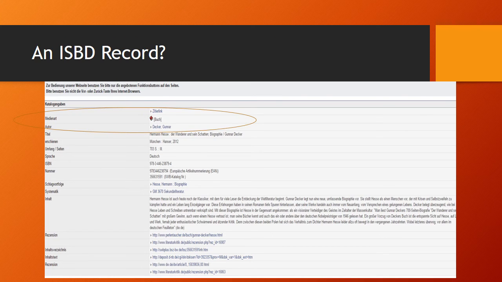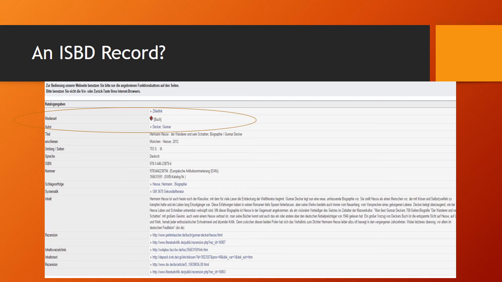I think this is an ISBD record. It's in German. Notice that you don't really have any difficulty figuring out what these things are, though. These field names are in German, but we know that Autor is probably the author, Titel is probably the title. This is the publisher information. It was published in München by a publisher named Hanser in 2012.